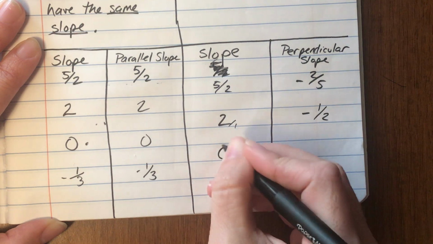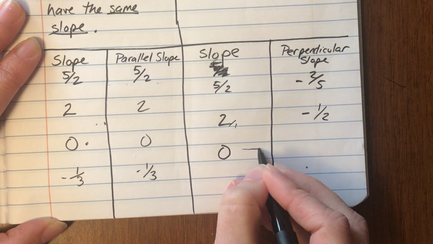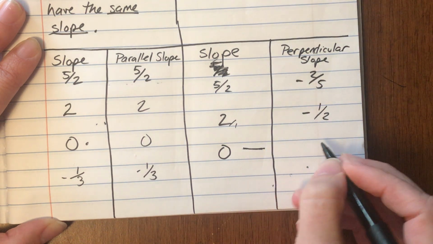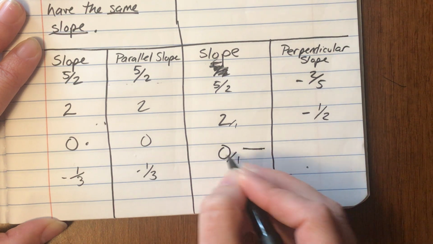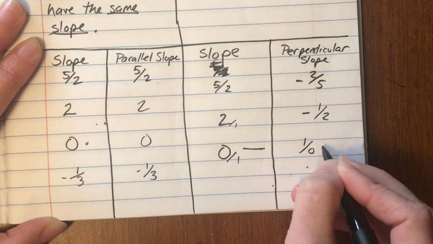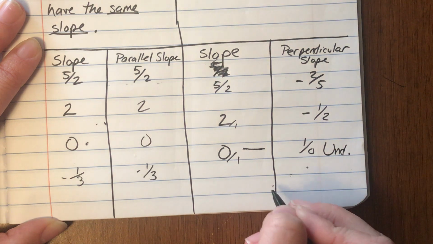If the slope is 0, what would the perpendicular slope be? Well, remember, 0 slope looks like this, so perpendicular is going to be straight up and down, right? What do we know that as? Well, if you were to flip 0, 0 could really be divided by anything. If you put 0/1, that means the perpendicular slope is 1/0, but 1/0 is really just undefined. I'm just going to put UND for undefined.